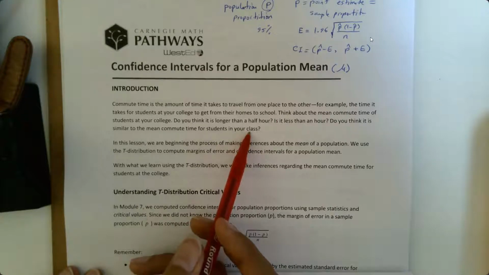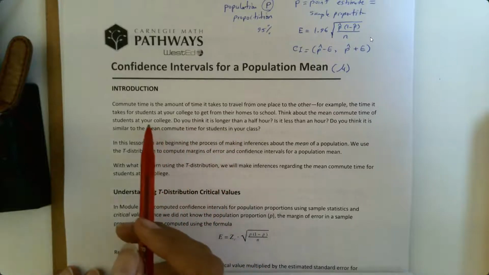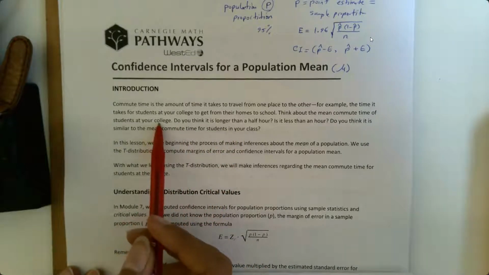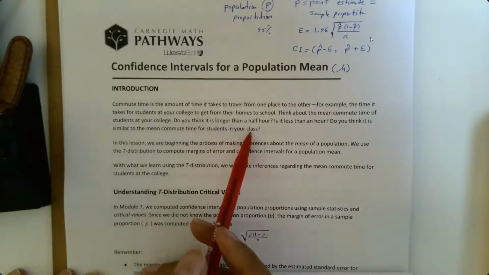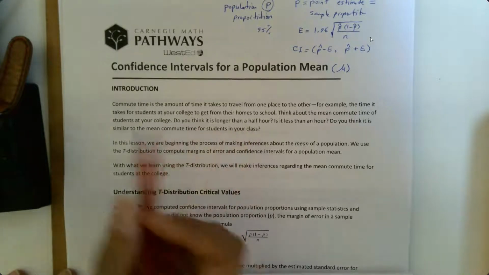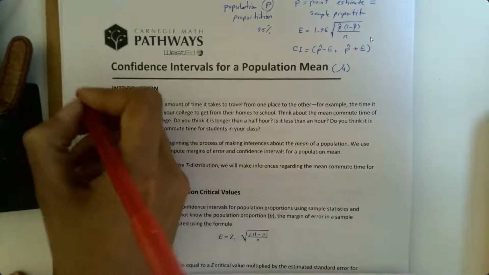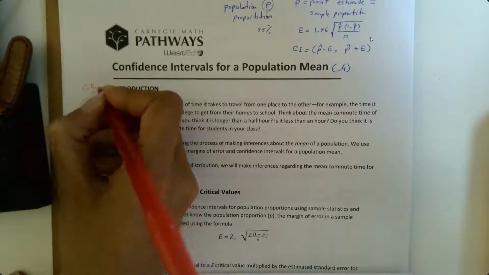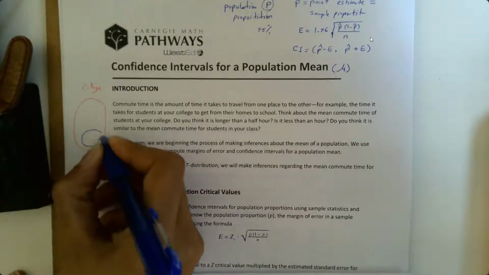Think about it this way: we are asking questions about students in college and about students in class. The college as a population is much larger than the class, which is just a sample from our population.